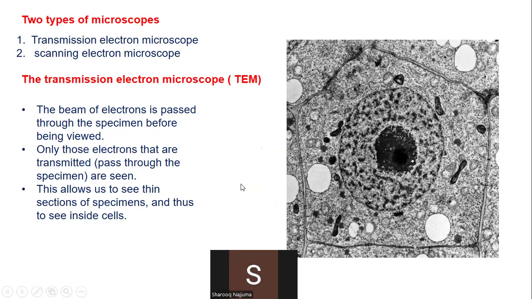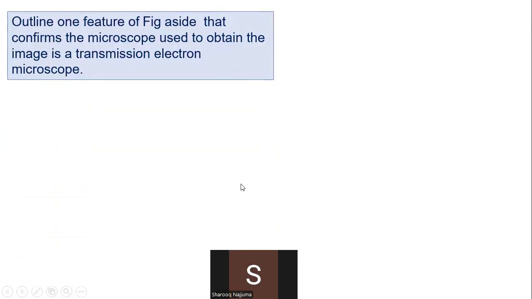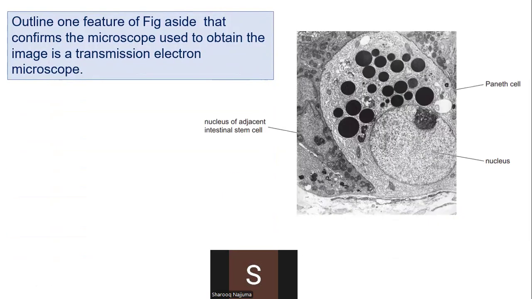It is able to show you details inside cells. We have a question here. You could be presented with such a diagram. They are telling you to outline one feature of this figure that confirms that the microscope used to obtain this image is a transmission electron microscope. What are some of the possible answers you will write?